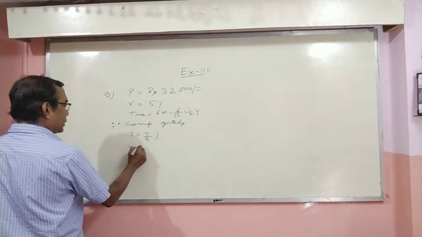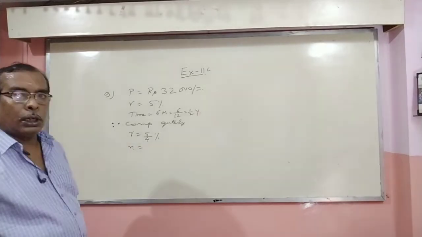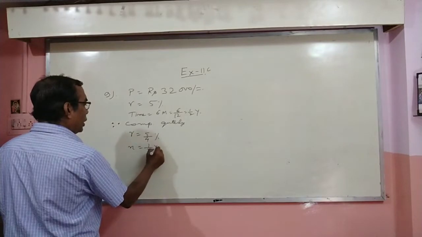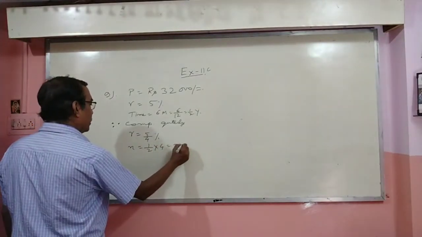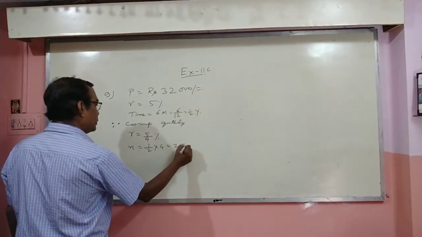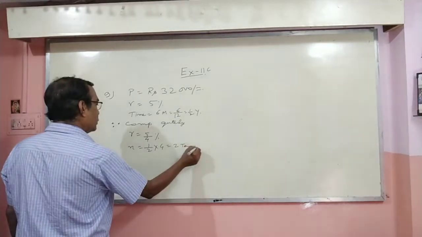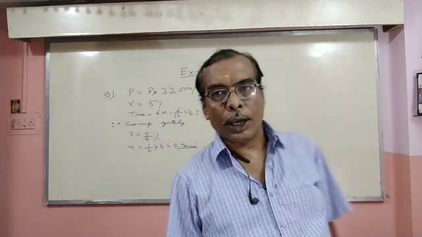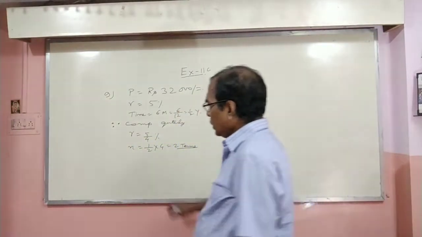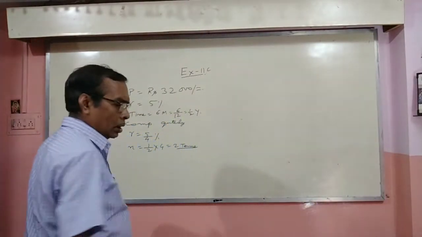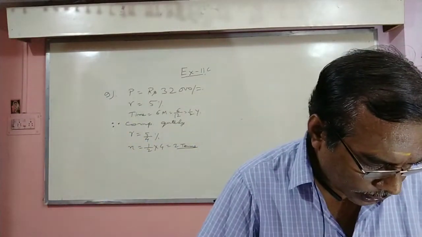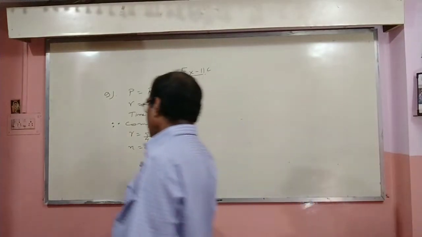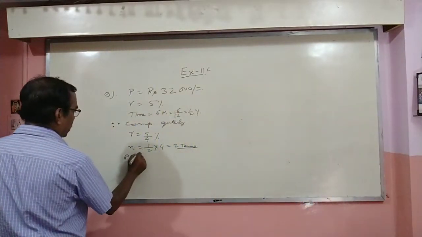And the number of terms will be 4 times, that is 1 by 2 into 4 is equal to 2 terms. 6 months, 3 months, 2 terms. Now let us try to find the amount. What are they asking you to find? What amount will he receive after 6 months? Only amount, not CI. So write here amount as a question mark.